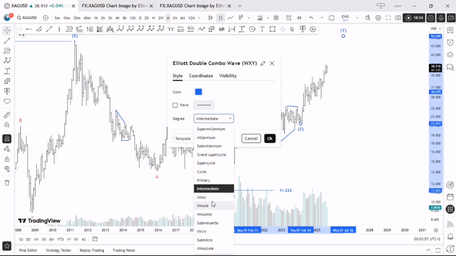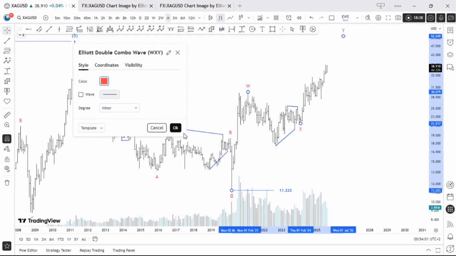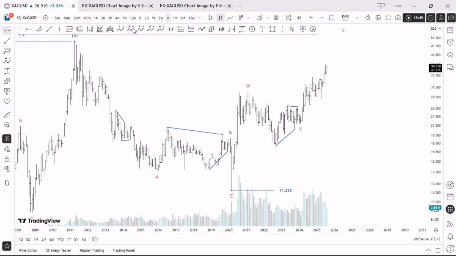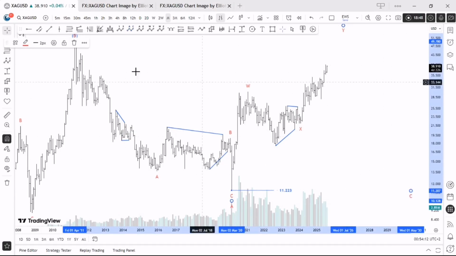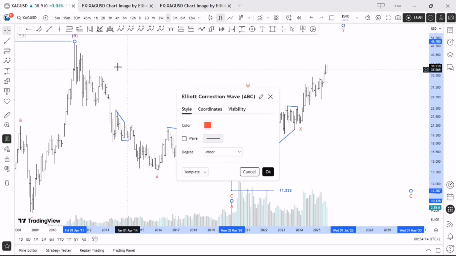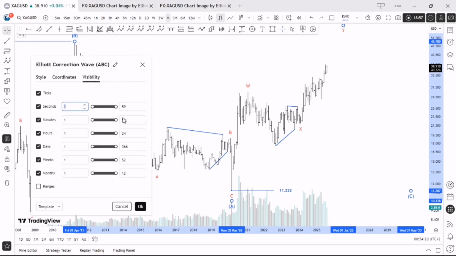We do not know really. There it is. You see, so I believe we have wave A at that low of 11.22, and then a possible wave B, of which degree? Of, you guessed it, intermediate, which is 1 degree above minor. There it is.